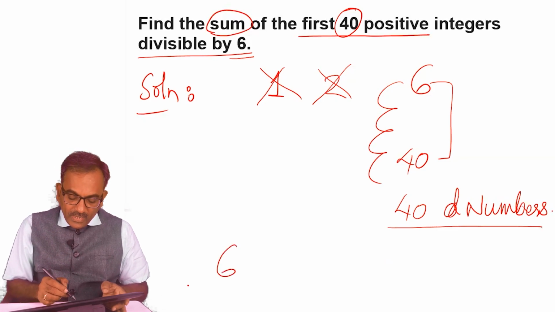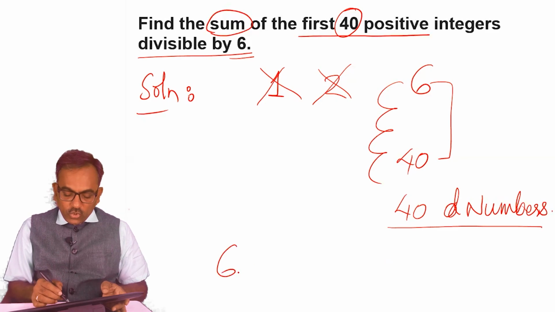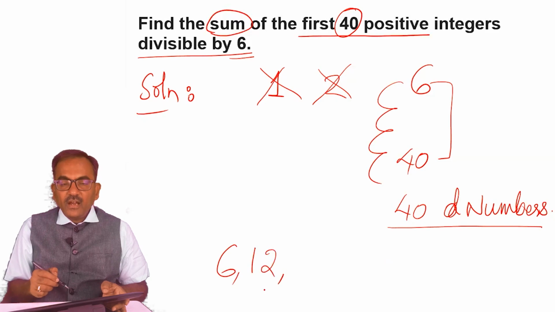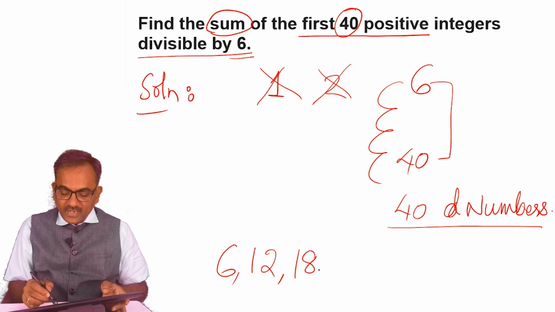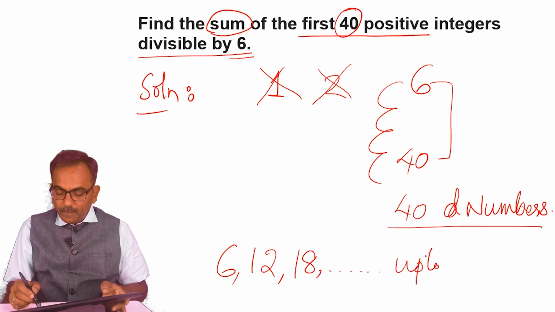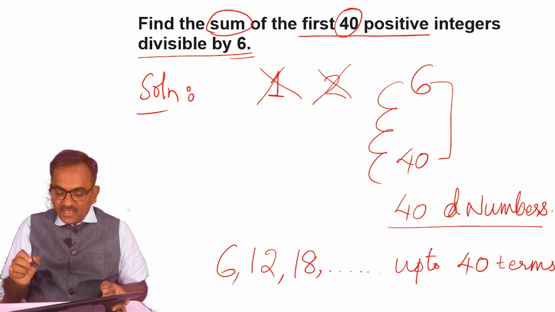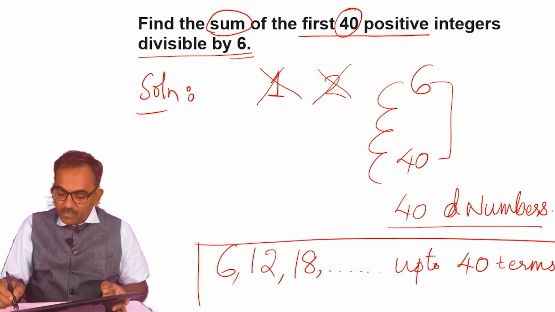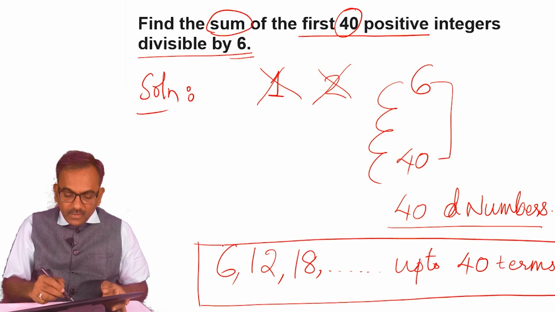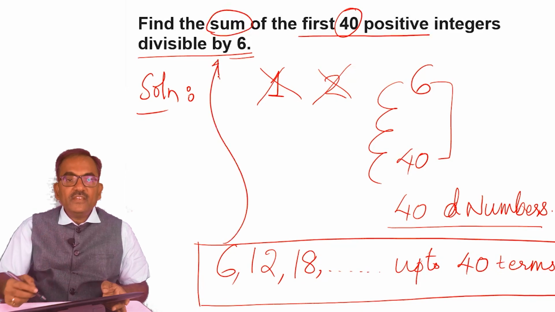If 6 is my first number, the next number divisible by 6 is undoubtedly 12. What about the next one? It is 18 and so on up to 40 terms. This is the mathematical form of the question which is in statement form.